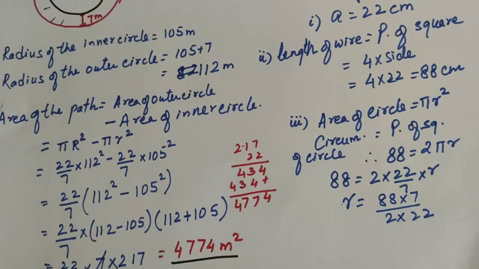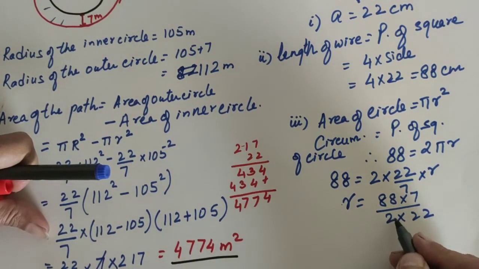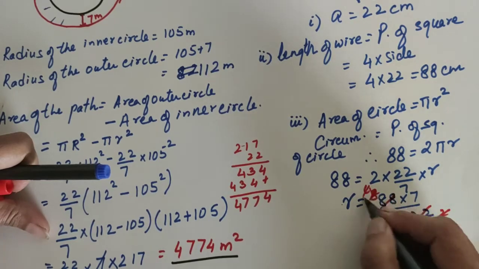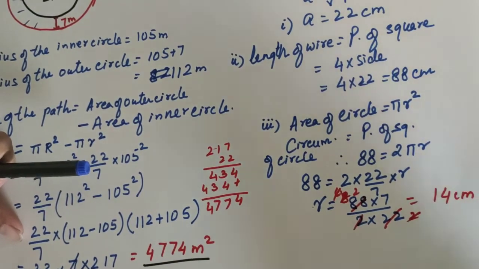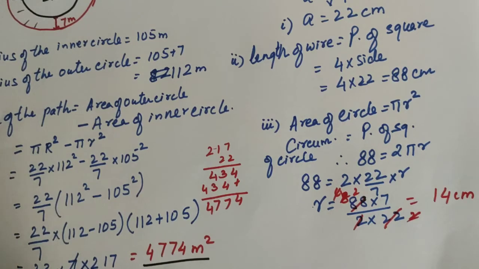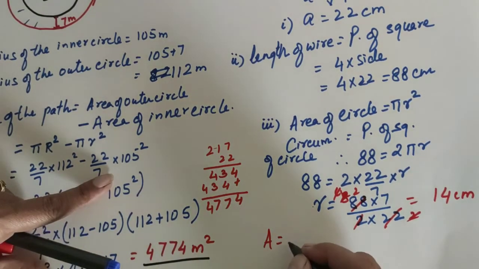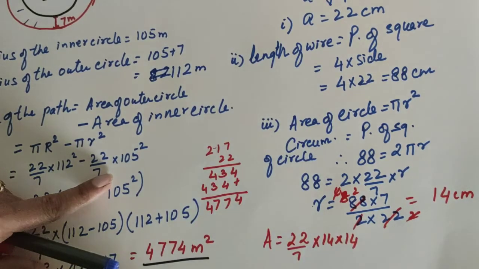Now when we cancel all this, we get 44 and 88. 11 2s are 22, 11 8s are 88. 7 into 2 is 14 centimeter, which is the radius of the circle. So the area of the circle is pi r square, which is 22 upon 7 into 14 into 14.